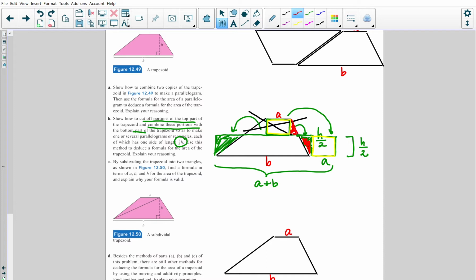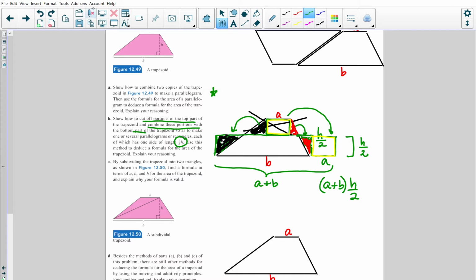Again, not perfectly drawn. The triangle here came down here. So our final area is A plus B times H over 2, which happens to be the same thing we got in A, in a different form.